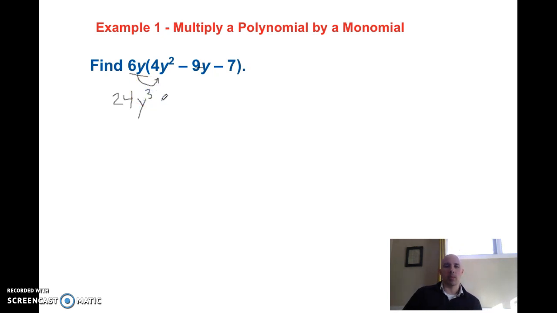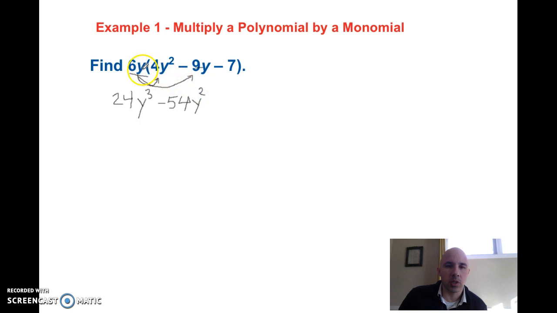All right, then the second term right here, you want to go 6y times 9y. So 6 times negative 9, give you a second for that. Should be able to crank that out, 54. And then y times another y, you have a total of 2 y's.